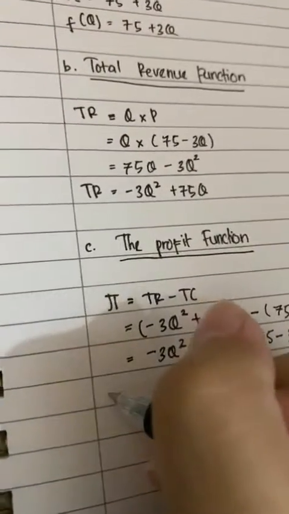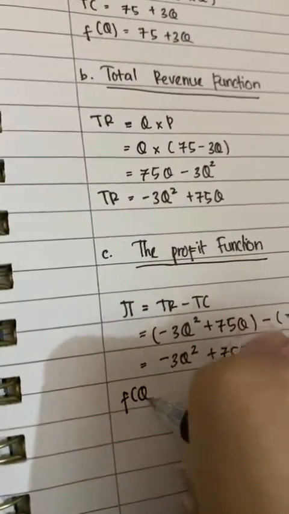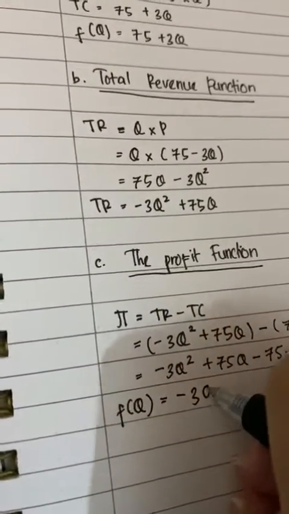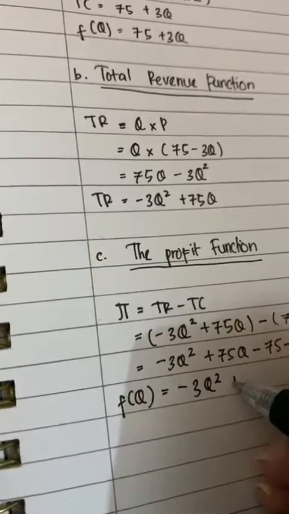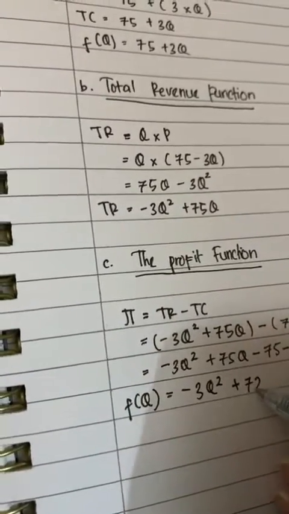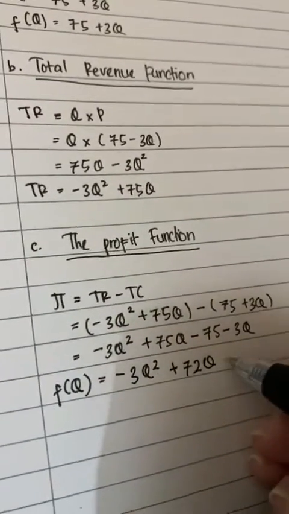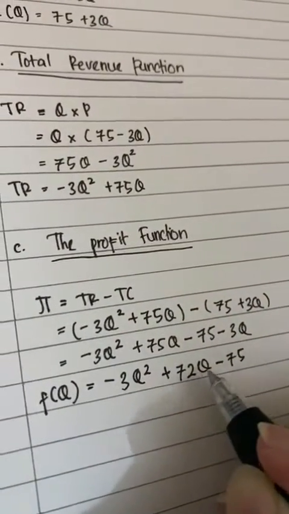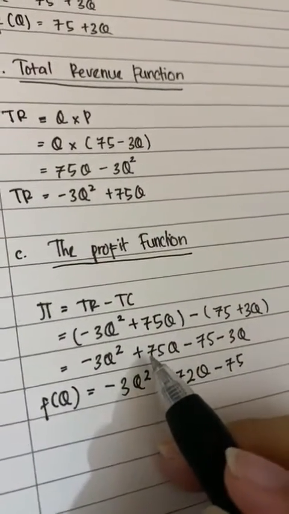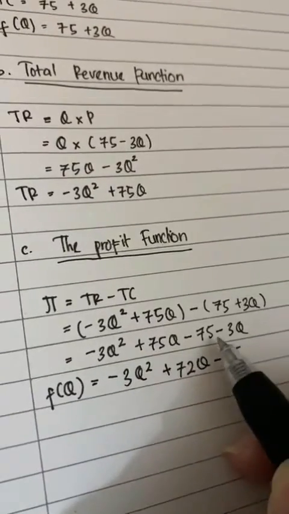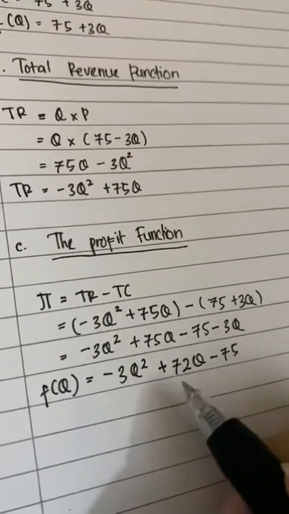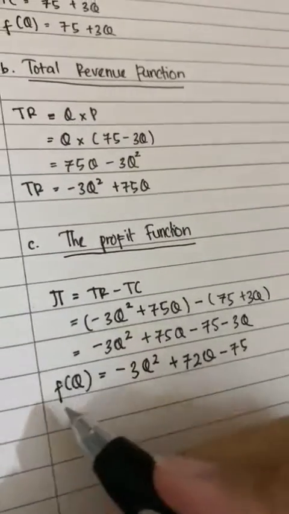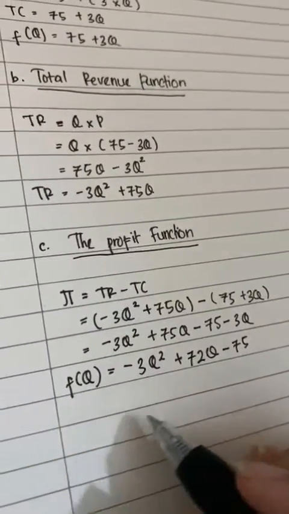So the function is minus 3q square plus 72q minus 75. Why is it 72q? Because 75 minus 3q gives 72. So we already got the profit function.